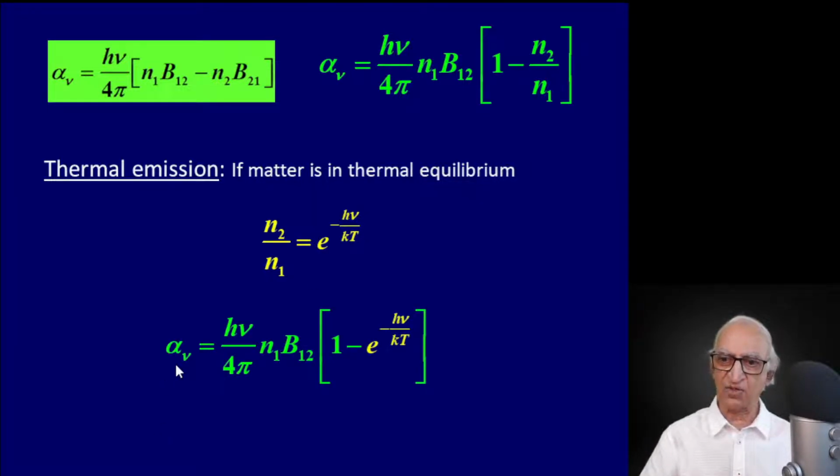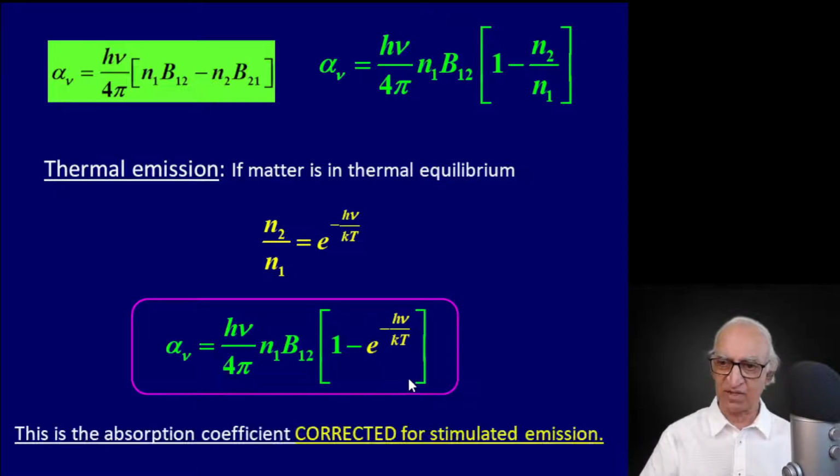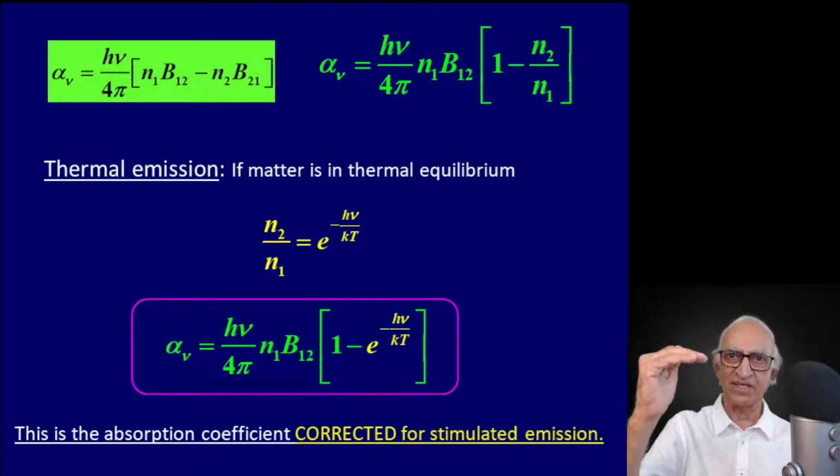Therefore, alpha nu, the absorption coefficient corrected for stimulated emission, can be written like this. And the second term, which I'm pointing to with my cursor, is stimulated emission. And the first term is stimulated absorption. And there is a minus sign in between because this is absorption and that is emission.